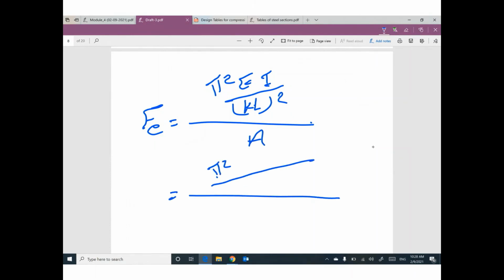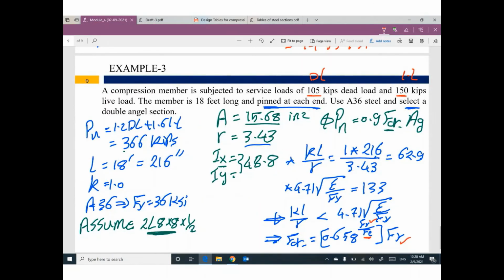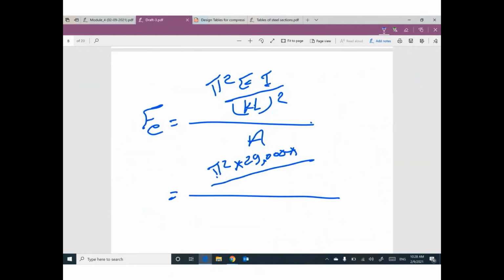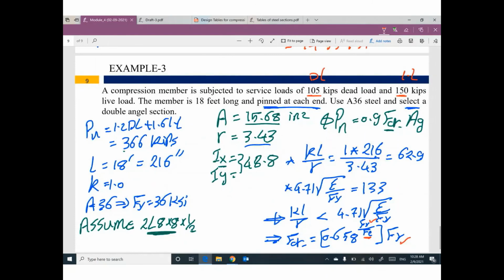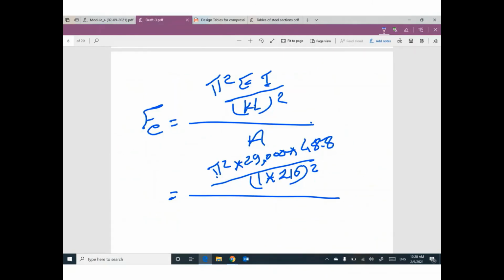Pi squared, E is 29,000. I for this member that you assumed equals 48.8. K is 1, L is 216, all of that squared, divided by the area of this cross section that you assumed, 15.68.